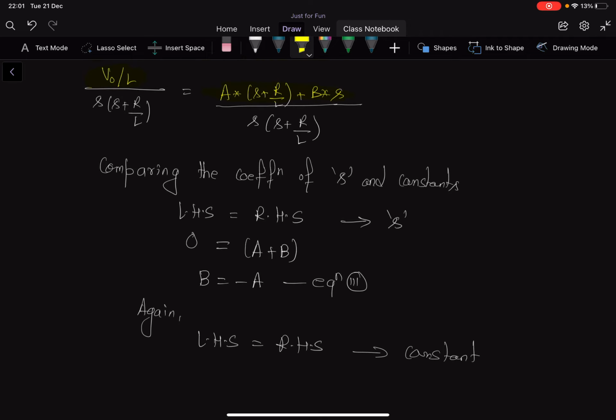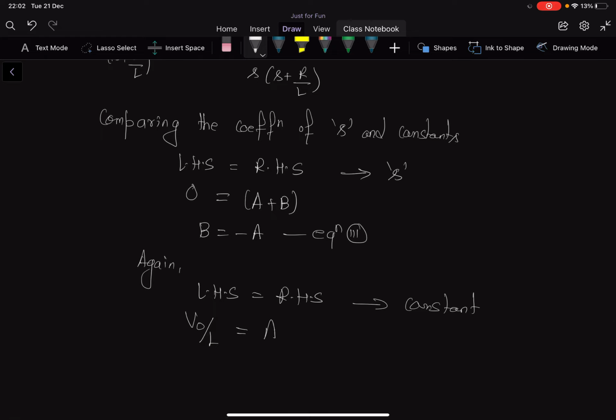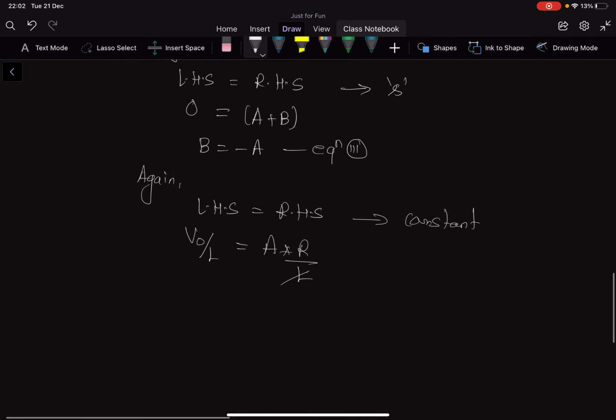On the left hand side we have this constant value, which is V naught over L, whereas on the right hand side we have a constant, R over L, which is multiplying with A. That means on the right hand side we simply get A times R over L. So L and L cancel, and the value of A is simply V naught over R, which we can call equation 4.